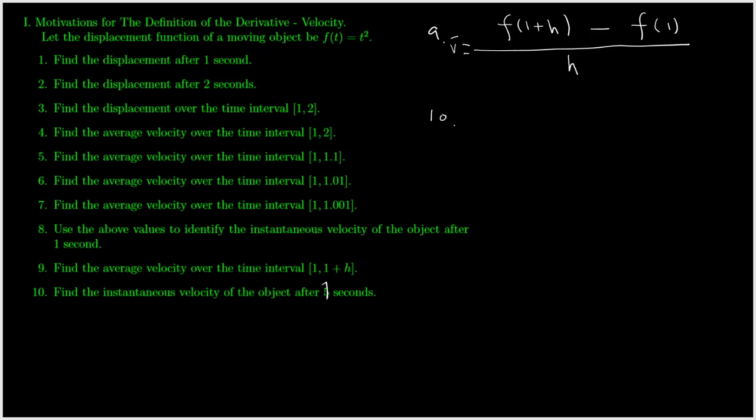We just use 1 second. For question number 10, I'm going to use v to denote the instantaneous velocity. In question number 9, we had the average velocity. Again, try to understand the meanings of the two notations. This v is for instantaneous velocity. This v bar is for average velocity.